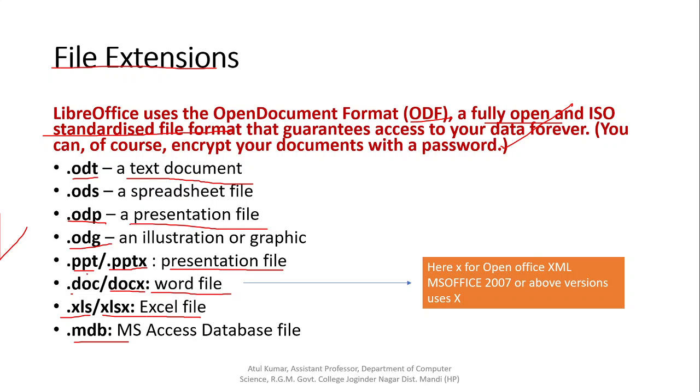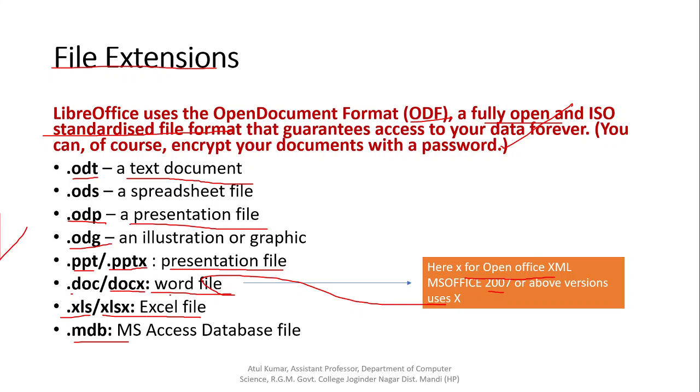Here there are two kinds of extensions we use in Microsoft Office, one without X and one with X. So what is the difference between with or without X? X is for Open Office XML document, and all the Microsoft Office programs of 2007 or above versions use X for saving their files.